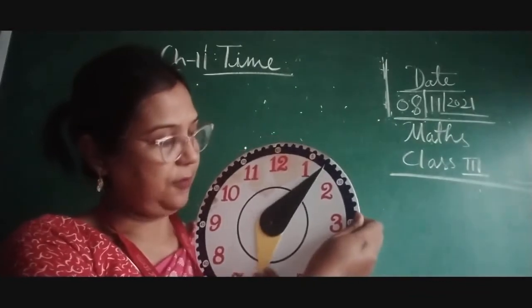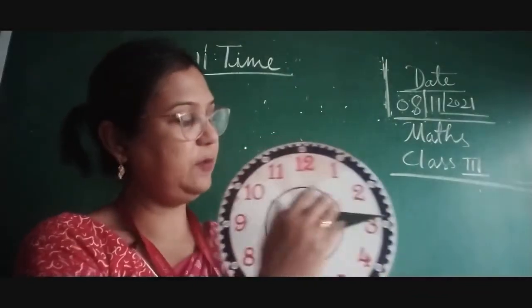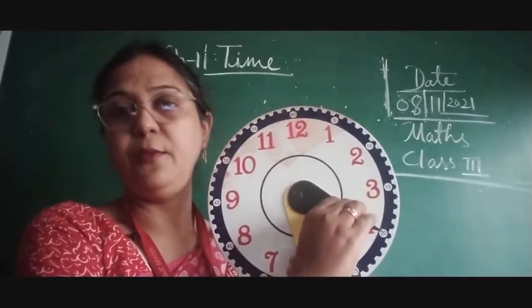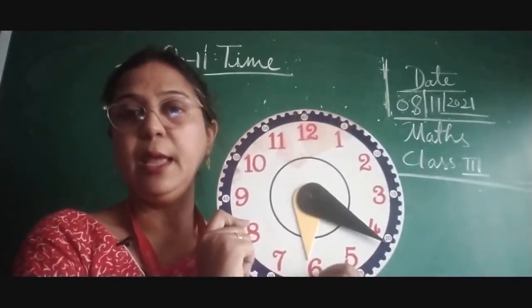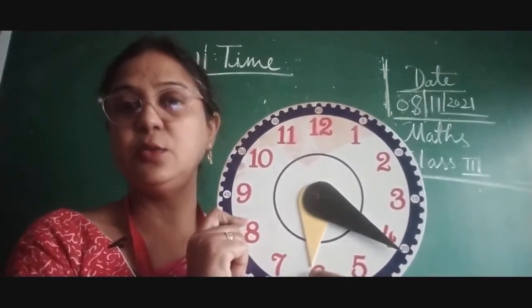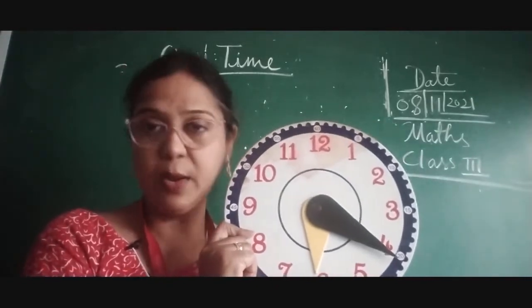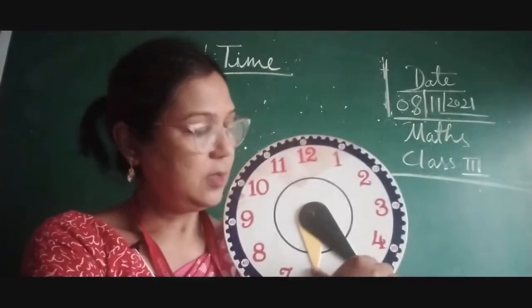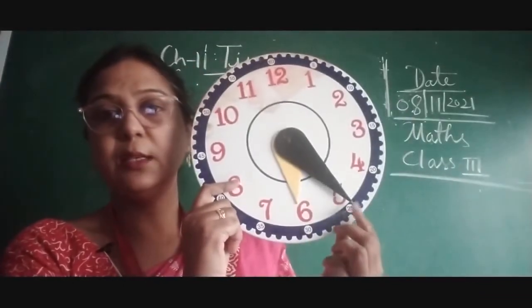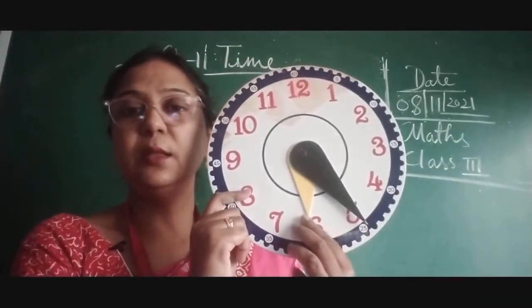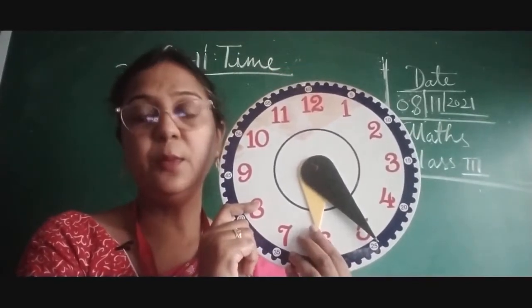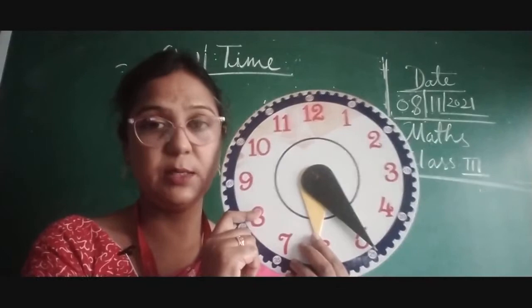If it moves to the 3, it will become quarter past. If it moves to the 4 and the shorter hand is at 6, this is 6:20. If it moves to the 5, it is called 6:25, which means 25 minutes past 6.